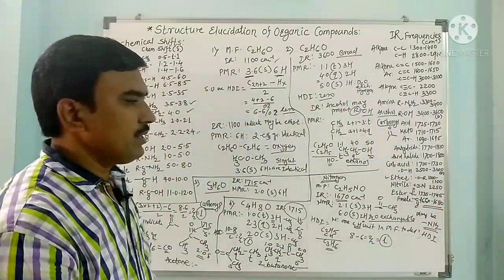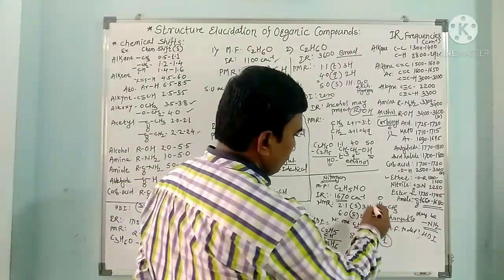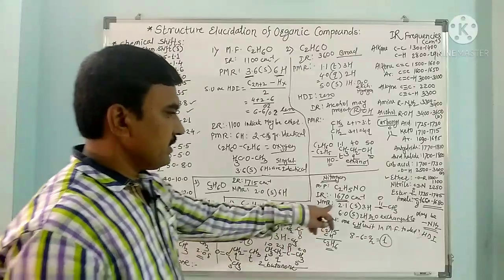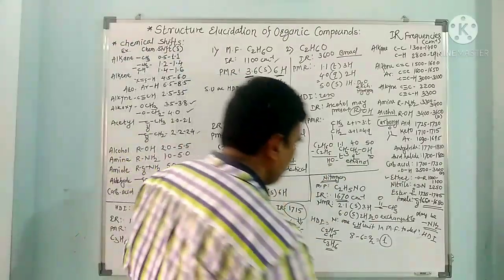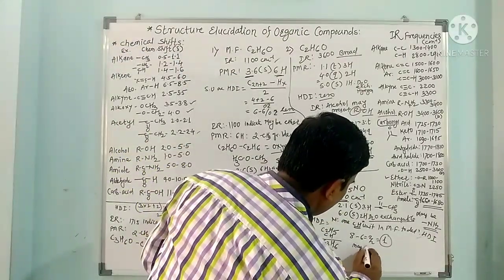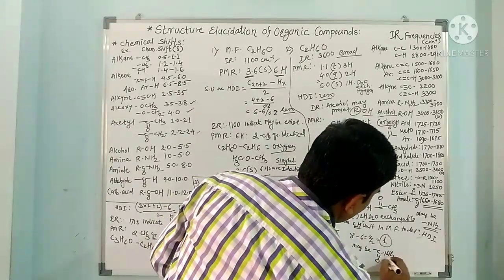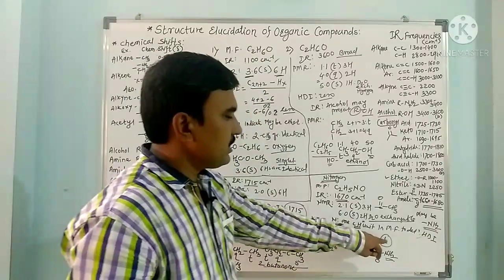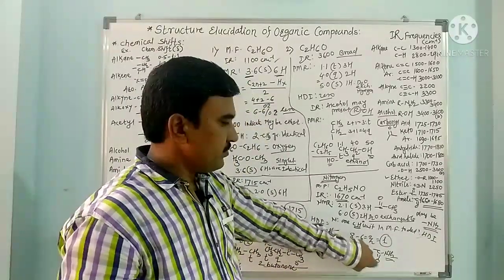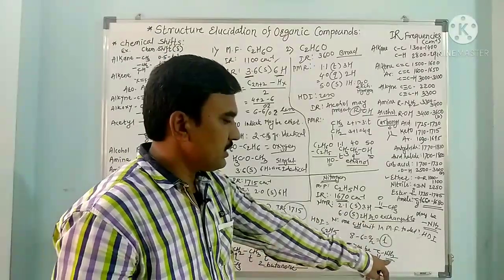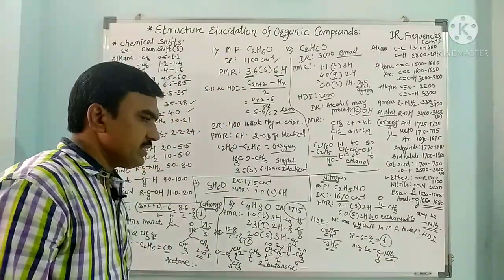Here we are having 1670, so this clearly indicates the amide carbonyl, CO of amide, and this is the unsaturation. And from the NH2, the 2 hydrogens which are D2O exchangeable, we can say CONH2 is present.